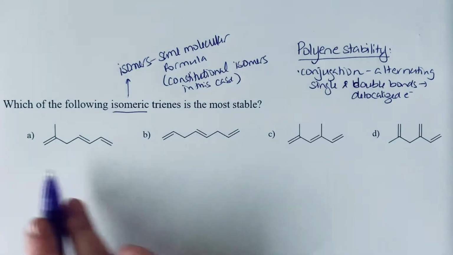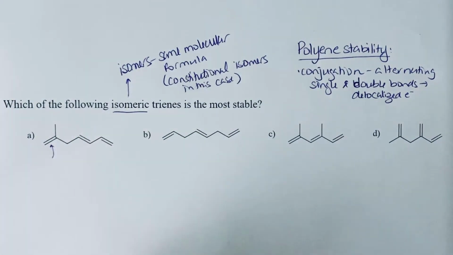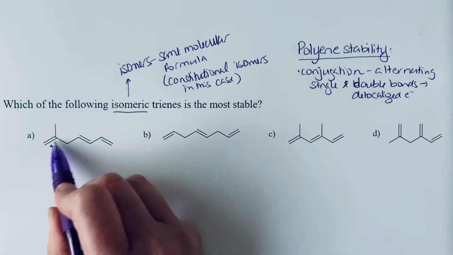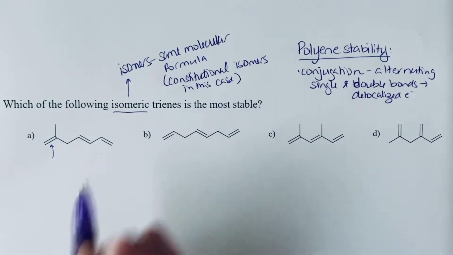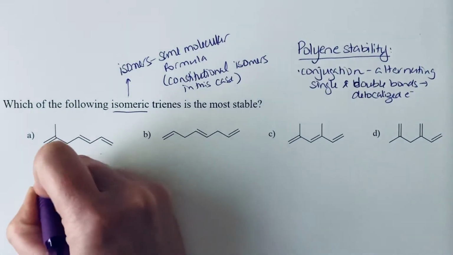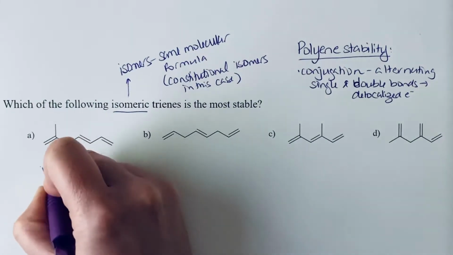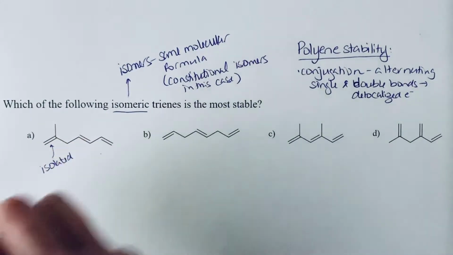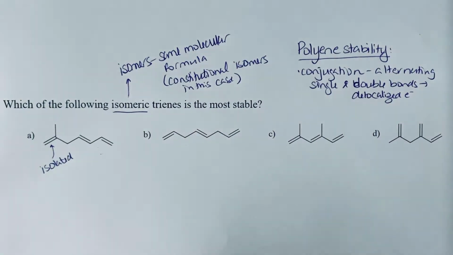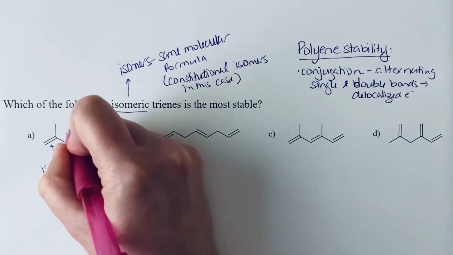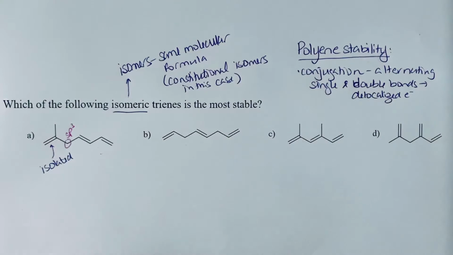So if we take a look at A here, we've got one isolated alkene. Isolated means that it's separated from the other alkenes by at least one sp3 hybridized carbon. We'd recognize that by seeing this sp3 carbon that interrupts this pi system.